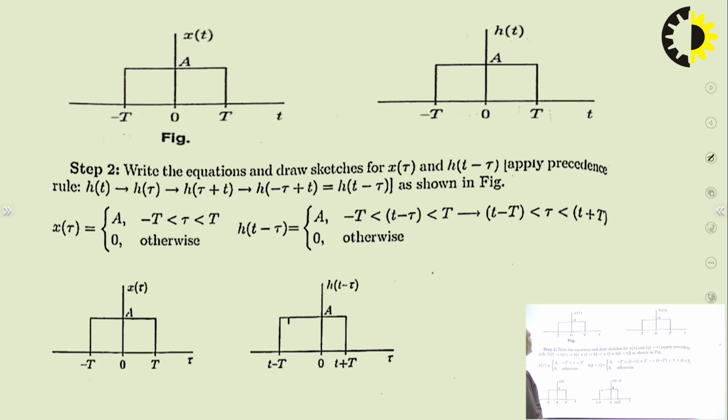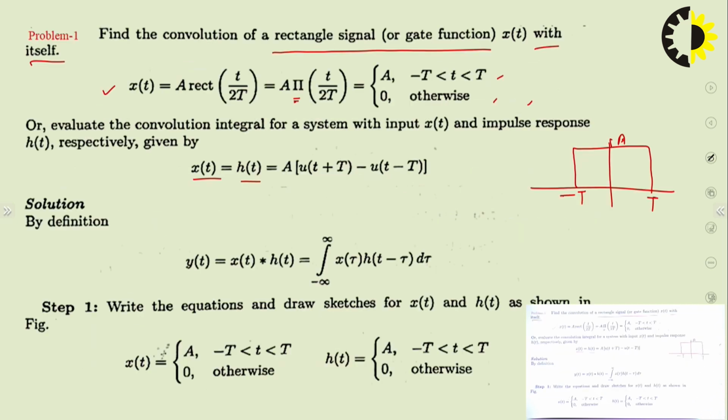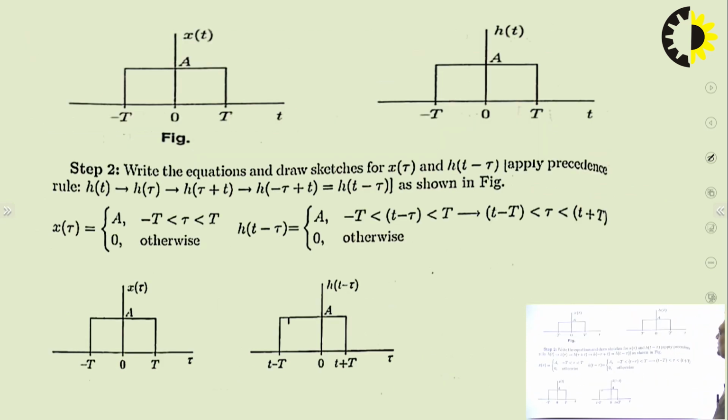You can see this is x(t) and this is h(t). Now we will replace the variable t by tau. In this equation we have to find the value of x(t) convolution h(t), which is x(tau) into h(t minus tau), so we will replace t by tau in both places. So you can say this is x(tau).